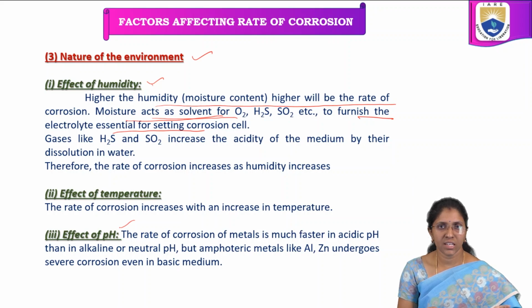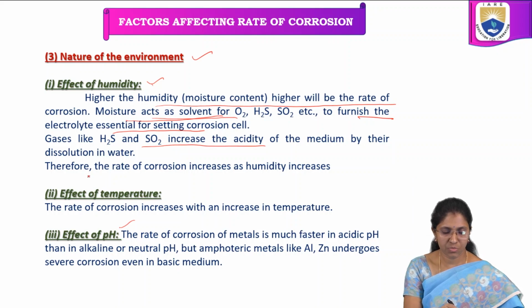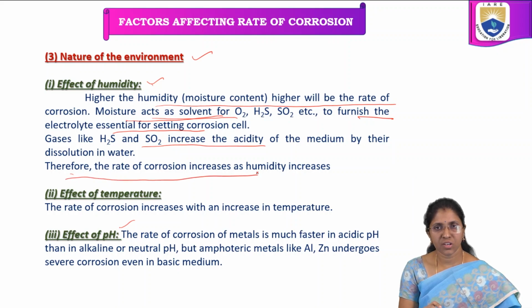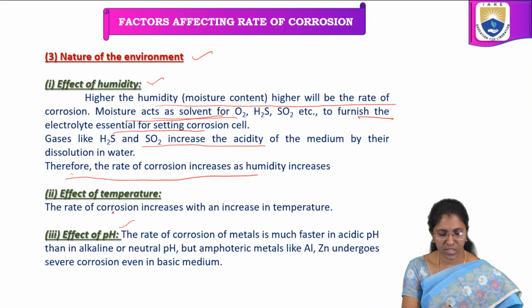Gases like H2S and SO2 increase the acidity of the medium by dissolving in water. When these gases react with water, they form an acidic medium, and the rate of corrosion increases. Therefore, the rate of corrosion increases as humidity increases.